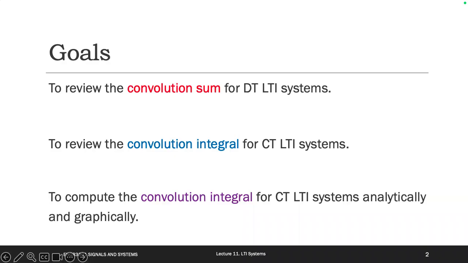Am I right? y[n] equals the input signal convolved with the impulse response. You can use a mathematical form to represent this system, and then you can analyze it. So that's the reason why this is very important.